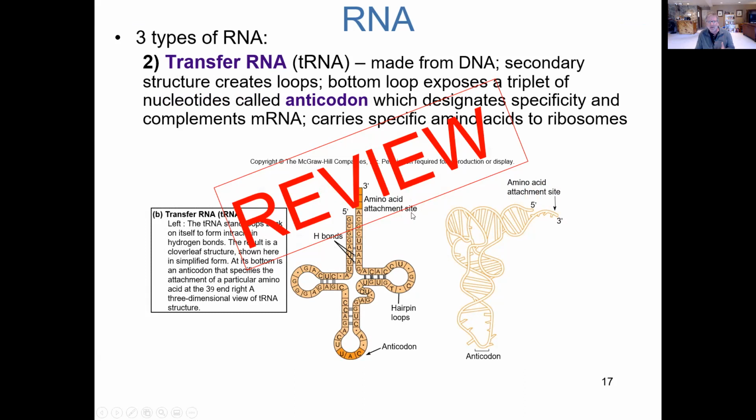So these transfer RNAs are going to do exactly what it says. They're going to transfer amino acids one at a time to the ribosome, where we're going to link those amino acids up and make the protein. That's what's going to happen in the cell.